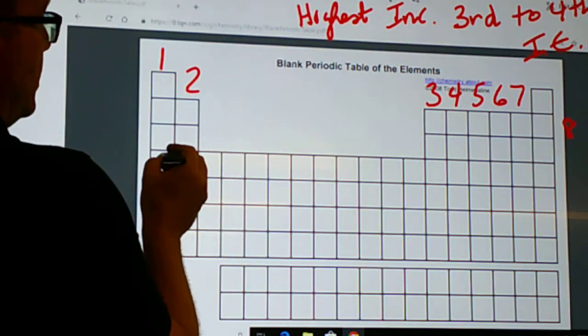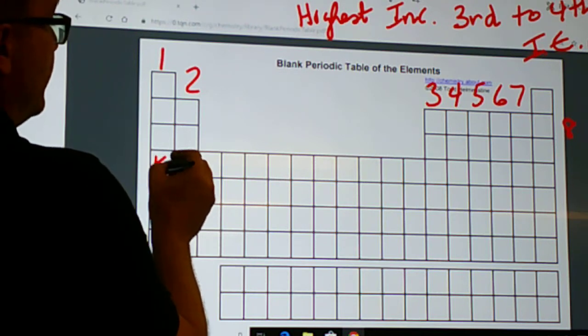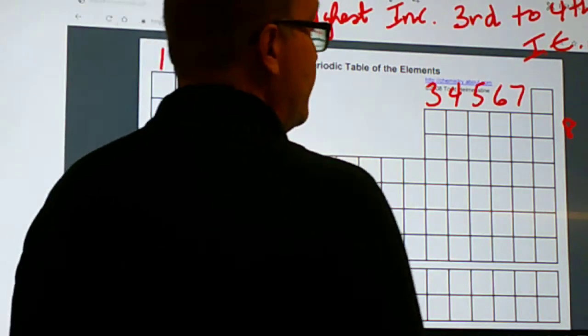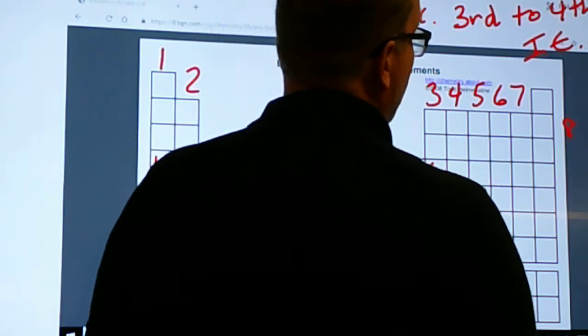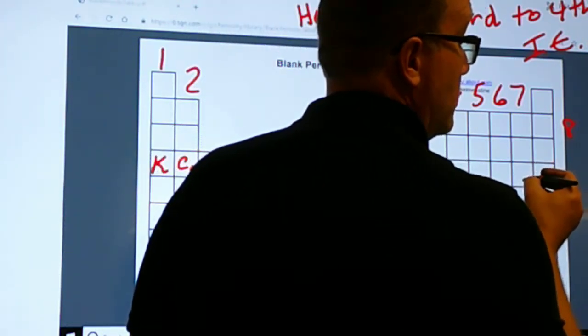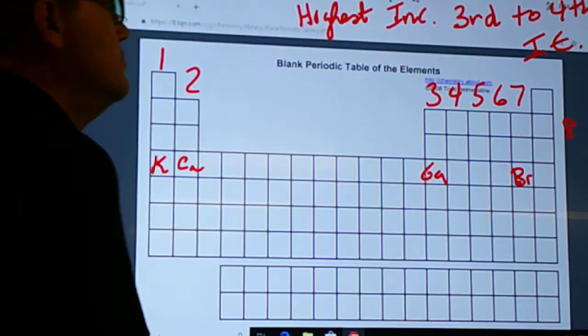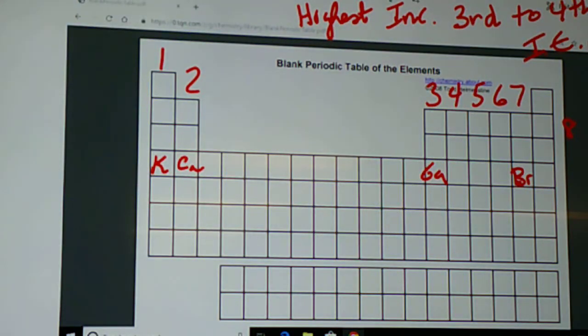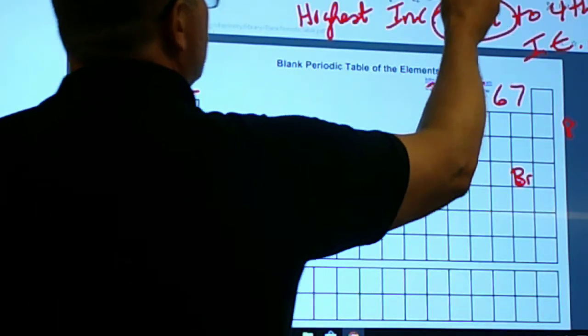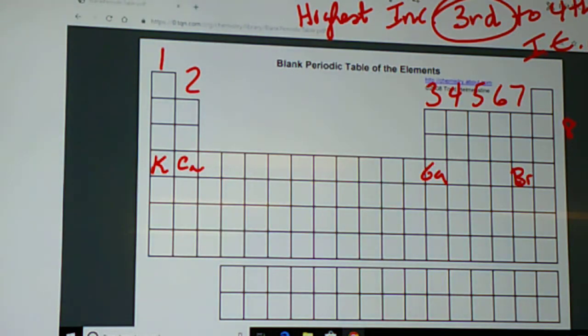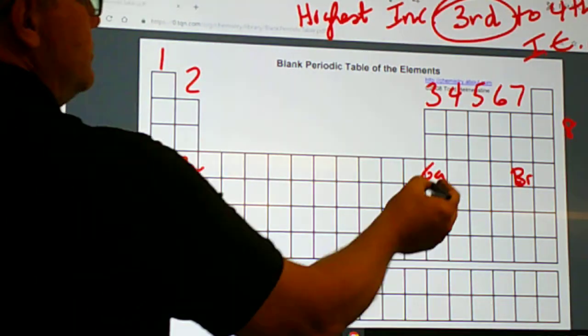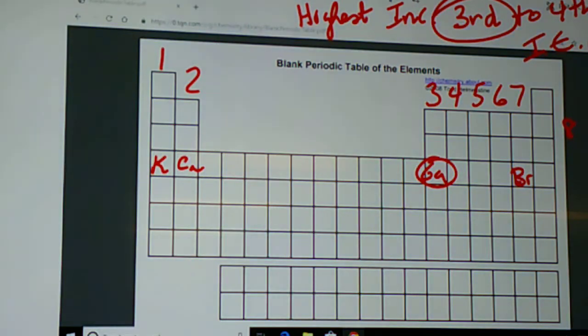Well, again, let's go with elements actually. Got this one, and let's go bromine. Which one's going to have the highest increase between your third and your fourth ionization energy? It's going to be the one with 3 valence electrons. That one's going to have the highest increase between your third to your fourth ionization energy.